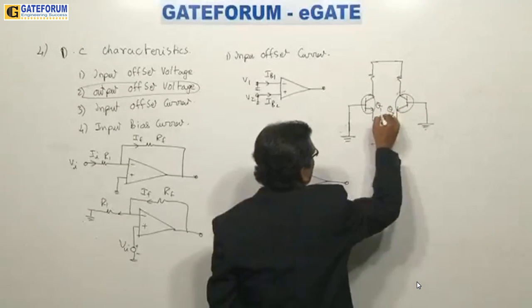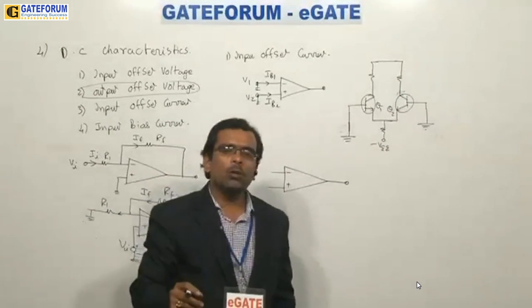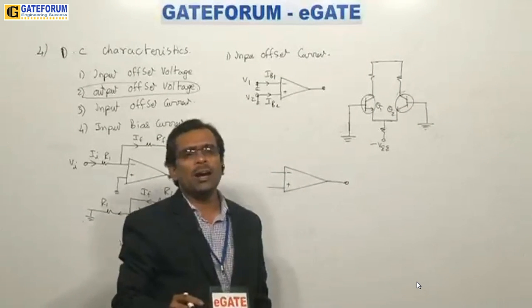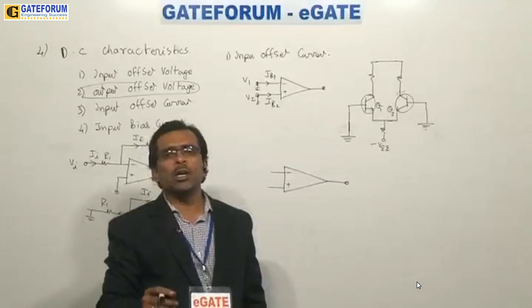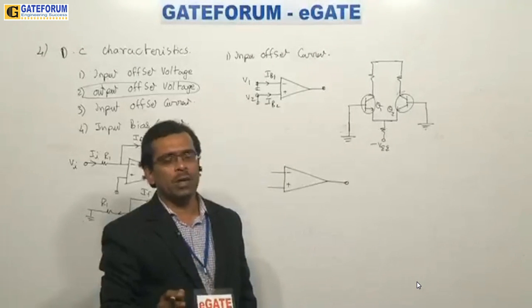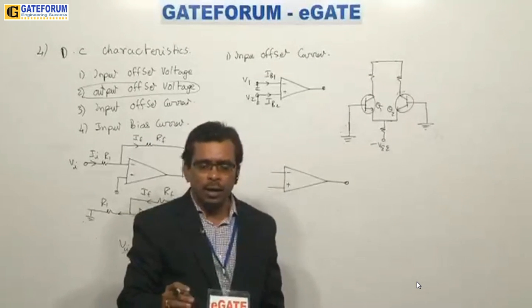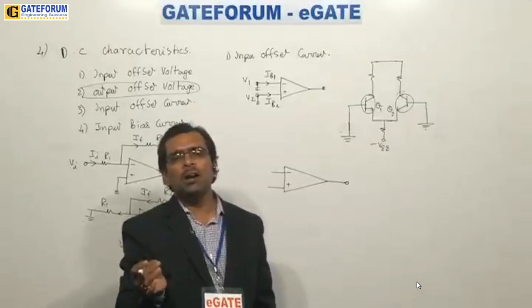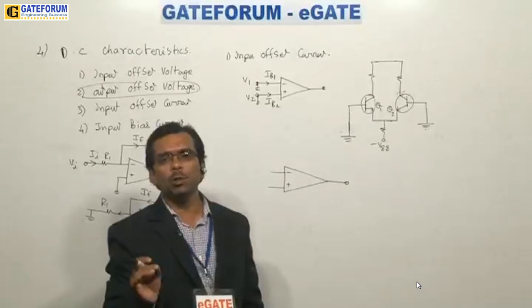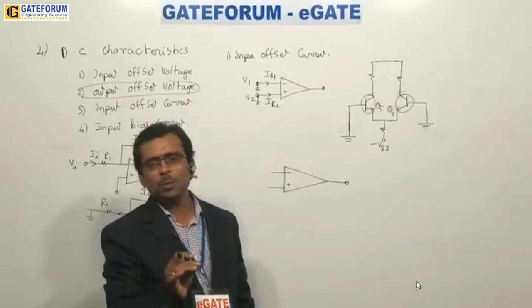The Q1, Q2 transistors must be identical. What do you mean by identical? It means it should have the same h parameter values, the same beta factors, and everything should be the same. Then only we can get it. But practically, to get this is very difficult. There will be a small difference between the Q1 transistor and the Q2 transistor. They are not always the same.